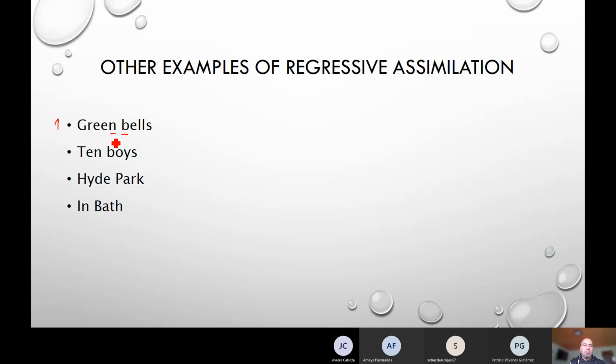So when we say green, my tongue is not going to touch the alveolar ridge, right? But I'm getting ready for the next sound, which is b. So in green bells, this n becomes more similar to an m when we are in the presence of n before a b.